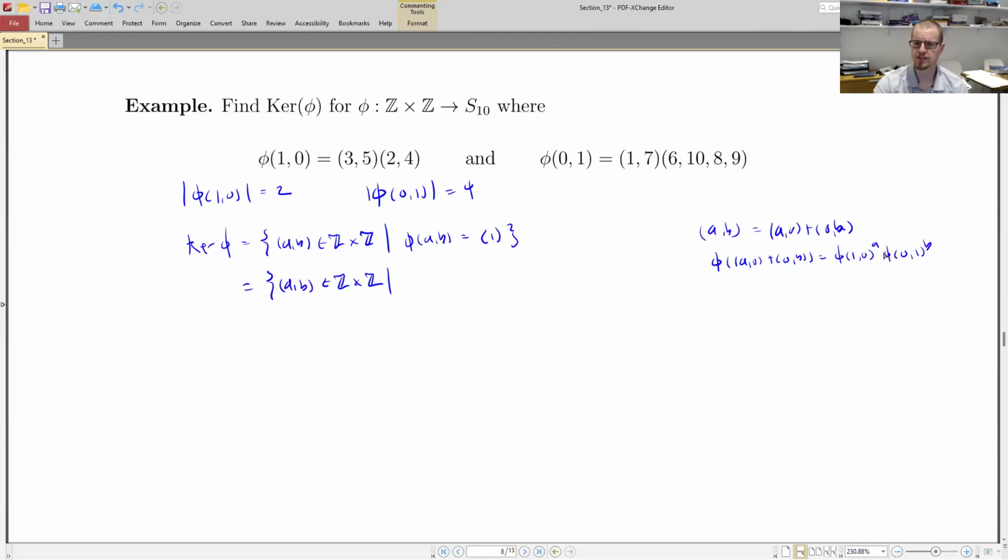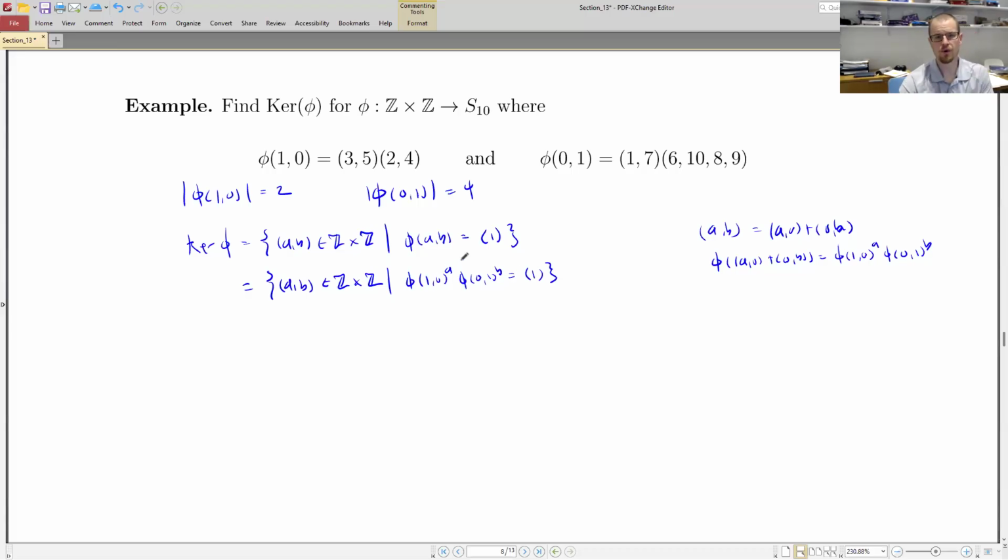So since we have this, we want to utilize that fact. We are interested in phi of (1,0) to the a, phi of (0,1) to the b, giving us that identity element.